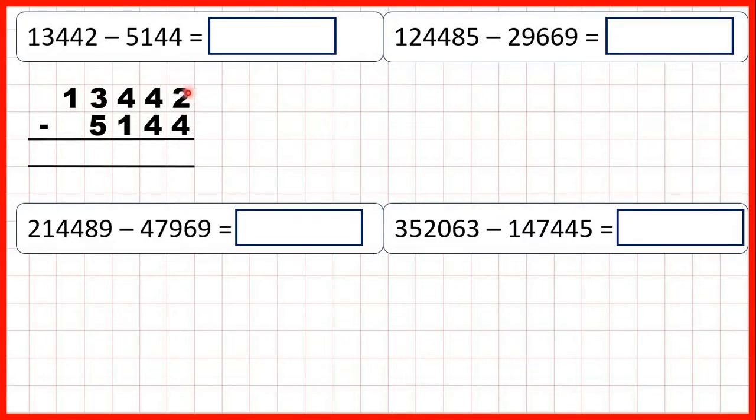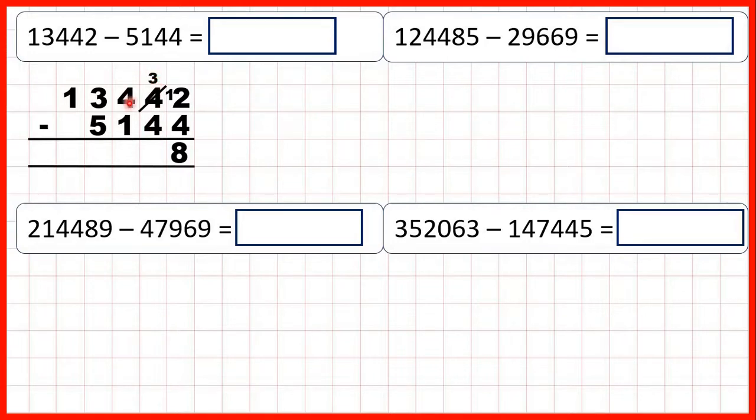Now with column subtraction, we work from right to left. So first we have 2 minus 4. But 4 is larger than 2. So what we need to do here is go to the left, 1 less, 1 in front, and then we have 12 minus 4, which we can do because 12 minus 4 is 8. So now onto our tens column, because we exchanged, we have 3 minus 4, but 4 is larger than 3.